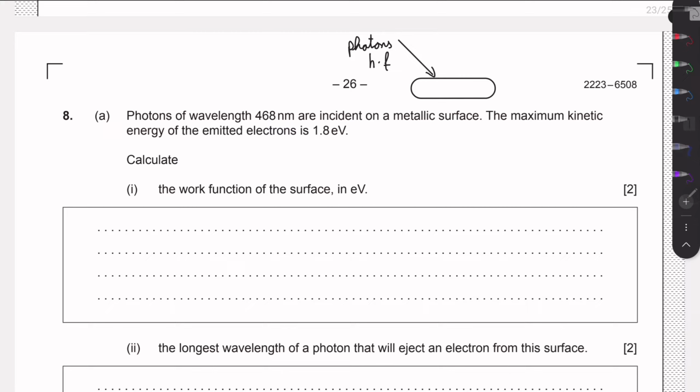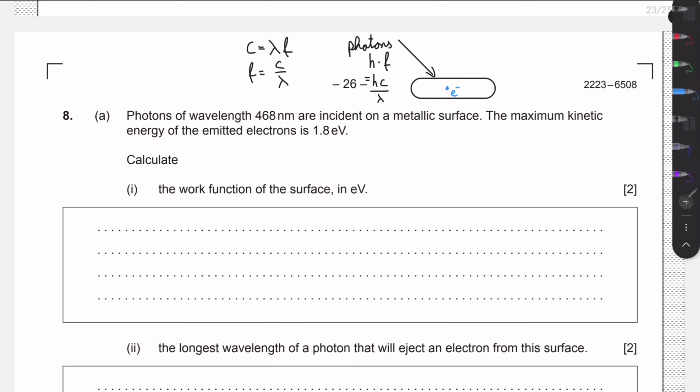This can also be rearranged because the speed of a wave is lambda times the frequency, so the frequency is c over lambda. If we plug this into the formula, the energy can also be written as hc over lambda.